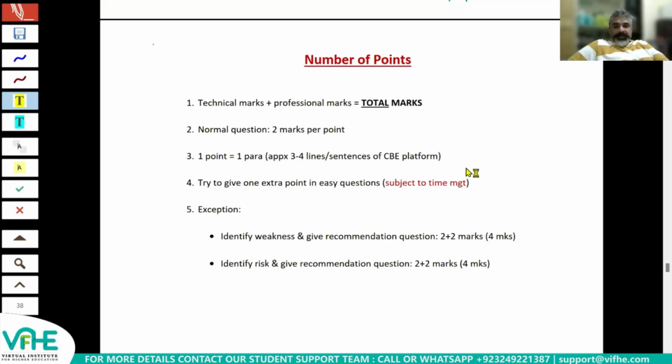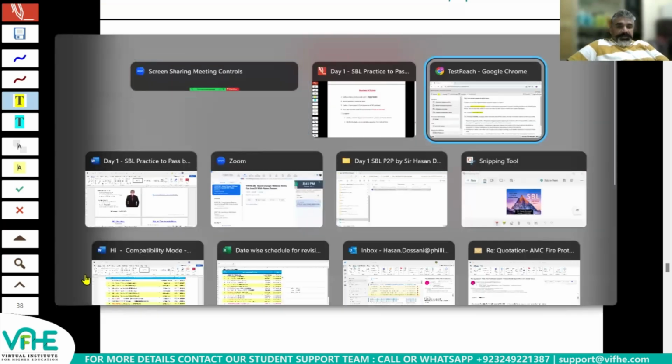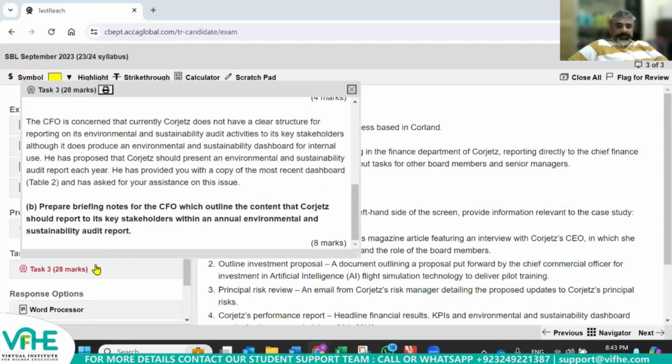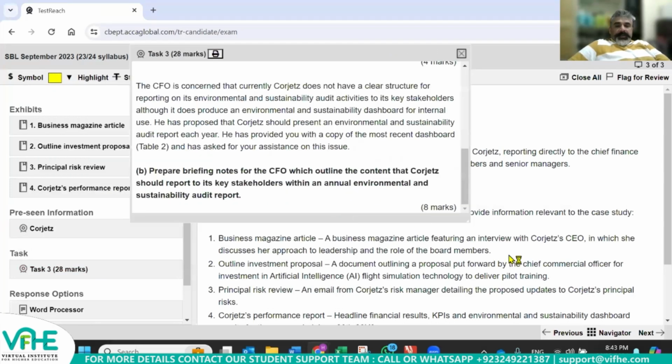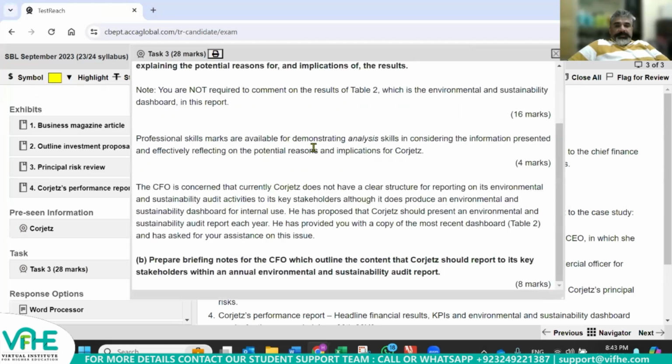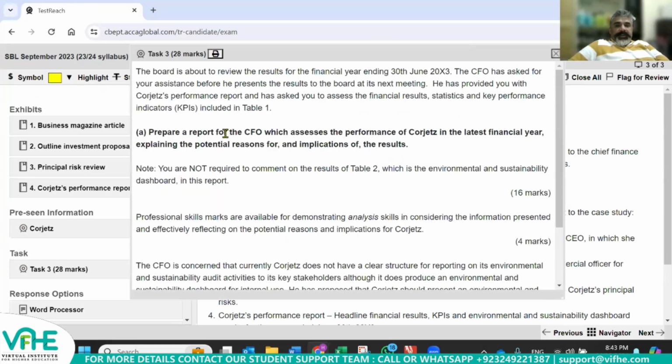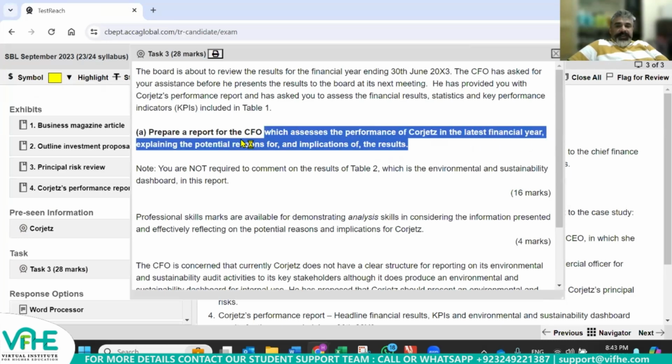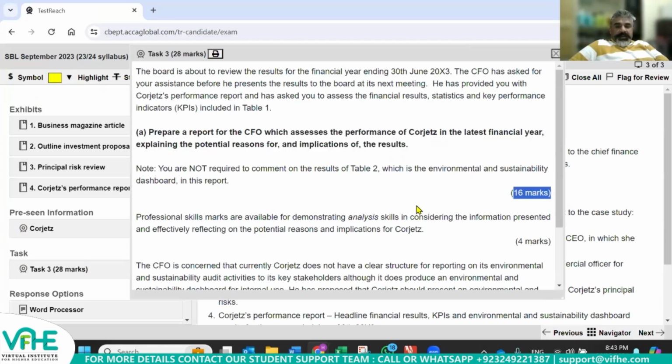Let's go to this question. Task number 3. This says prepare a report which assesses the performance of Courgette in the latest financial year. 16 marks. And then how much is professional? 4 marks. So what is the total marks? 20.